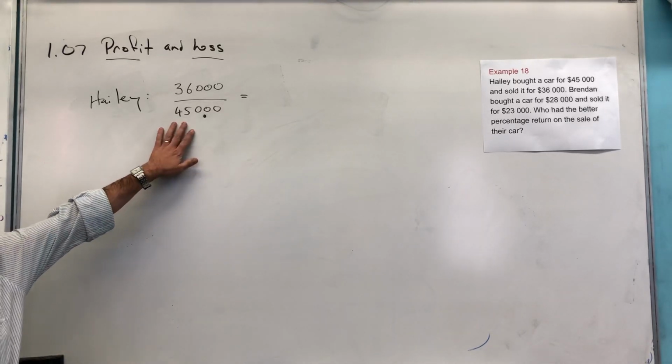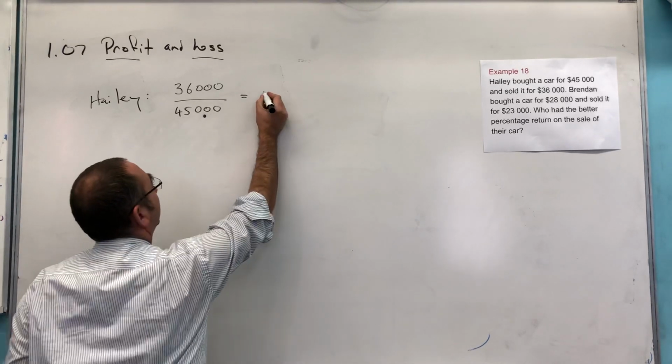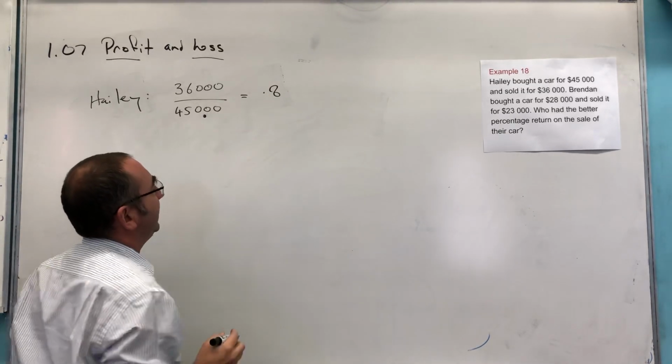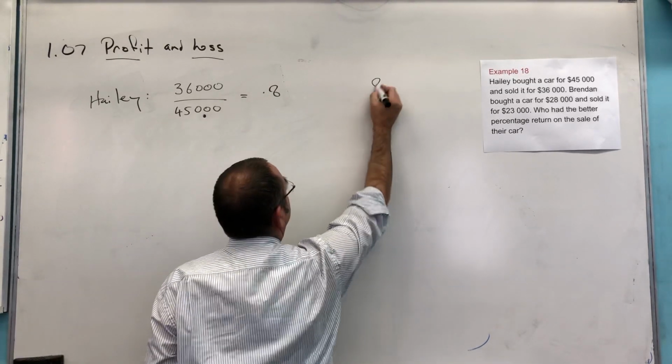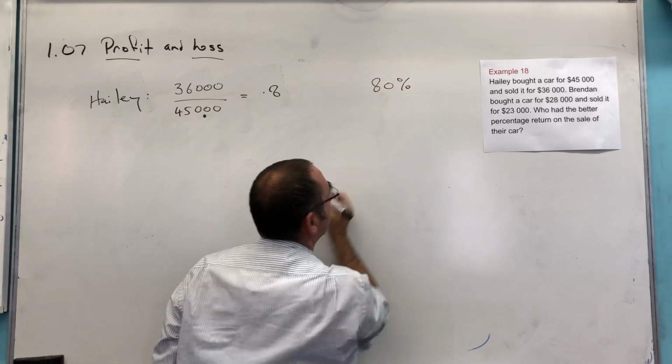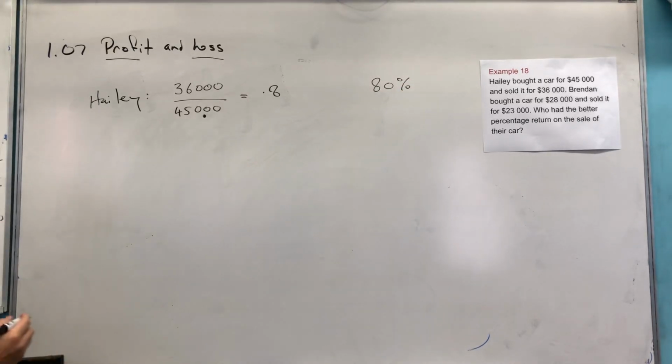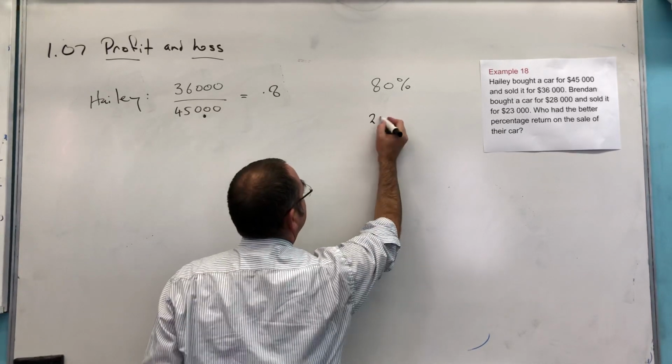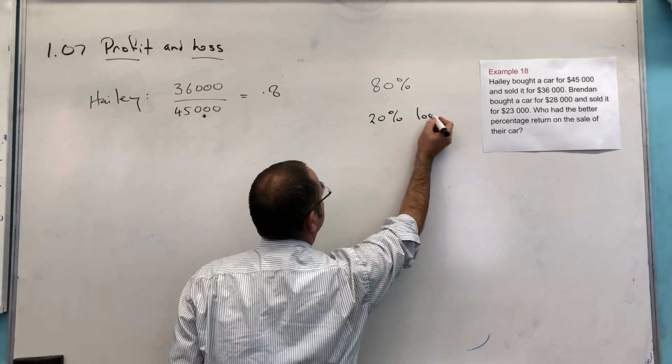Can someone just quickly do that in a calculator? So that would be 0.8, which we know as a percentage is 80%. Okay, so that was a 20% loss.